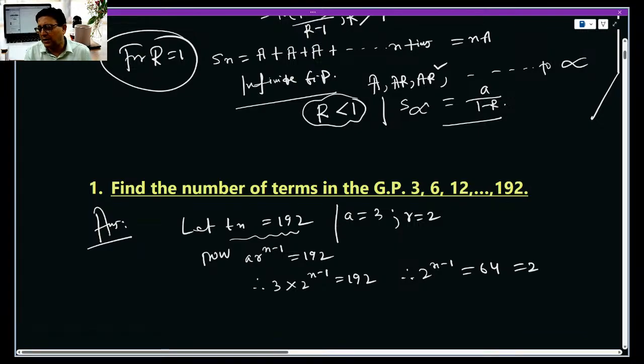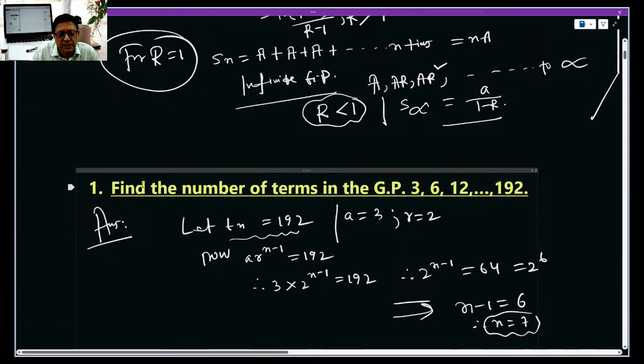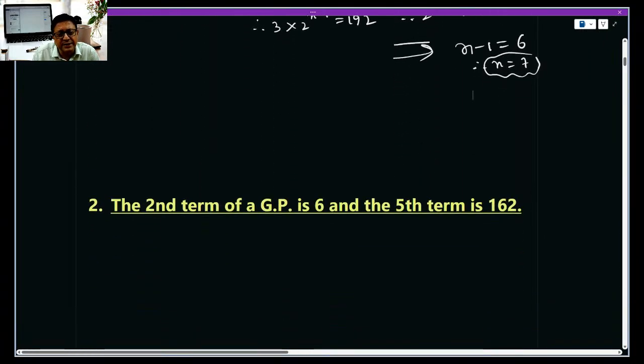This is nothing but 2 to the power 6. So this implies n minus 1 equal to 6. Therefore, n equal to 7. Not a difficult sum, because you've just found the number of terms of this geometric progression by assuming the last one as the Tn.